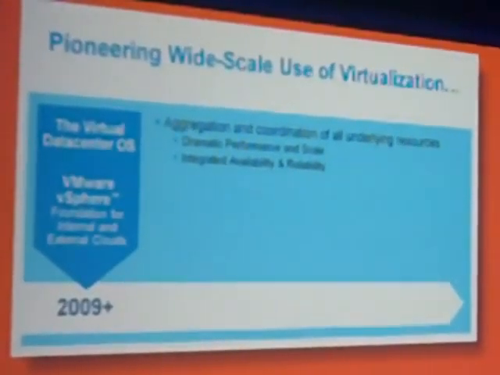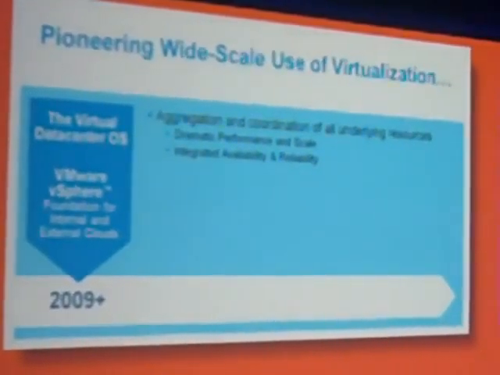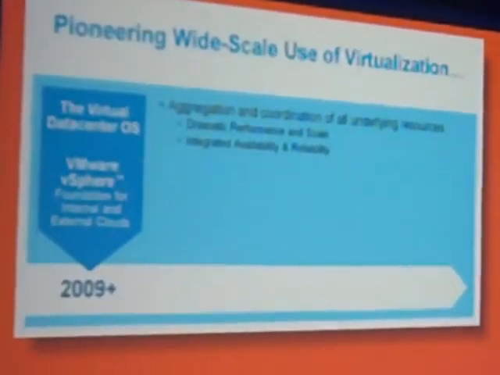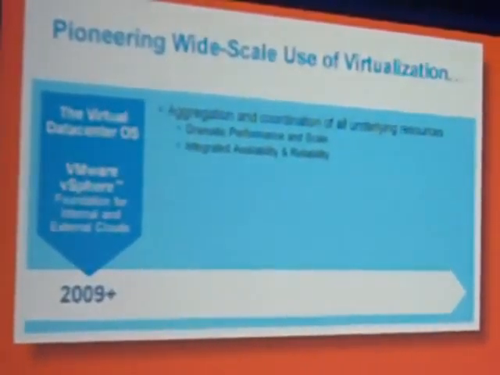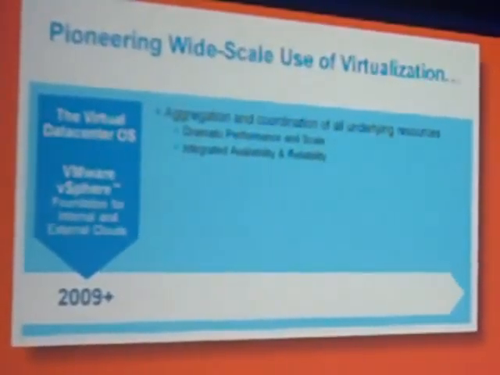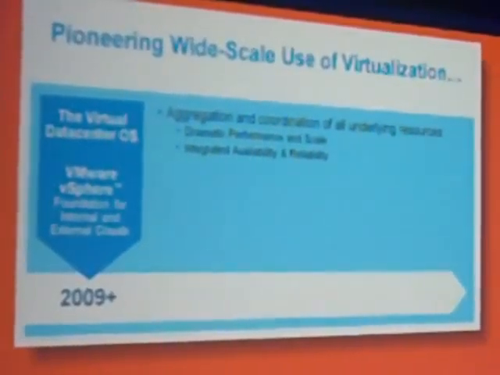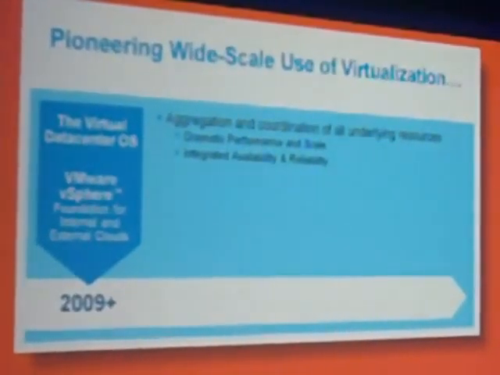And as Steve will articulate to you tomorrow, we've put a tremendous amount of work into really dramatic improvements in performance and scale. So with this generation of software, there will be literally no technical reason why you can't virtualize 100% of the workloads in your environment.